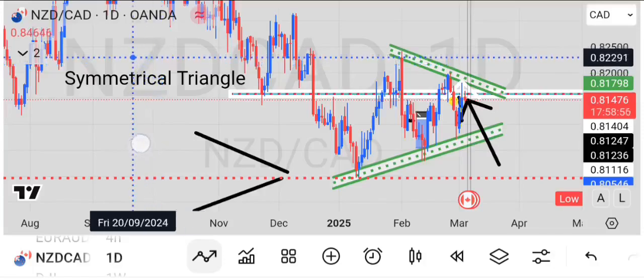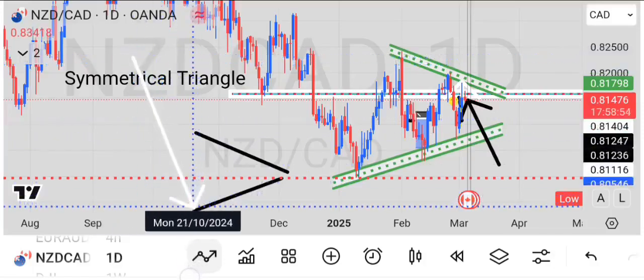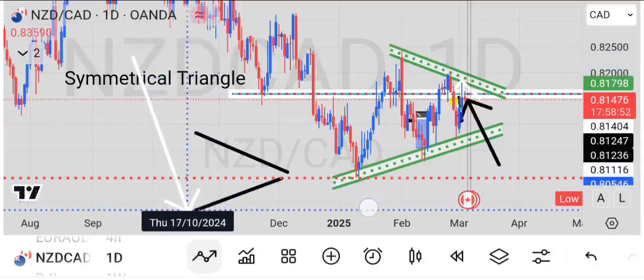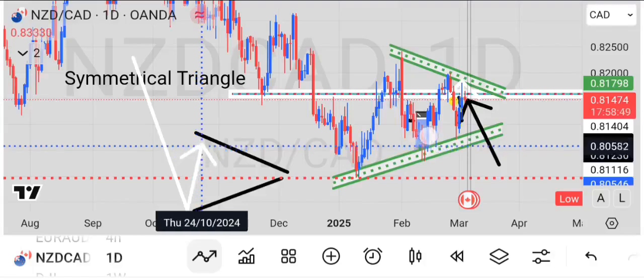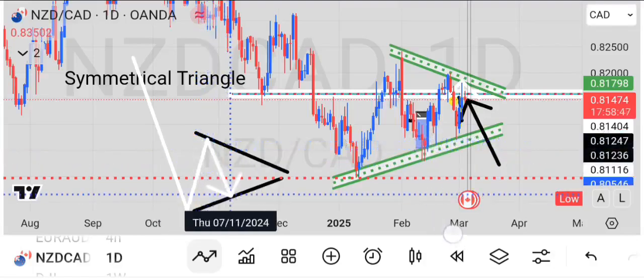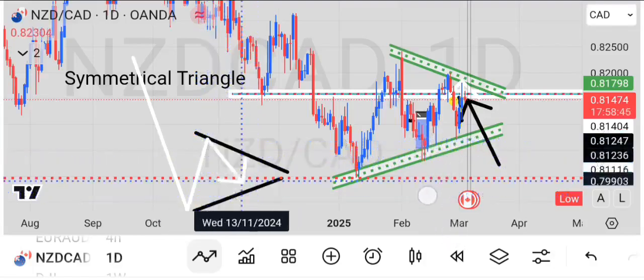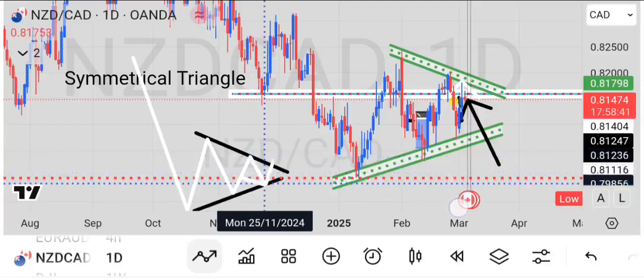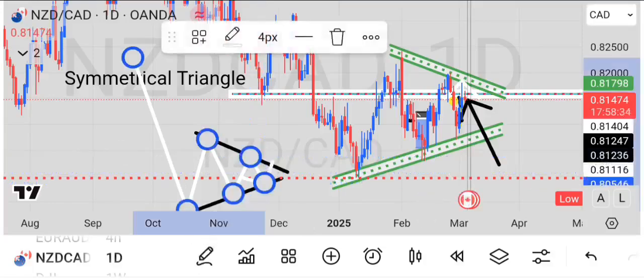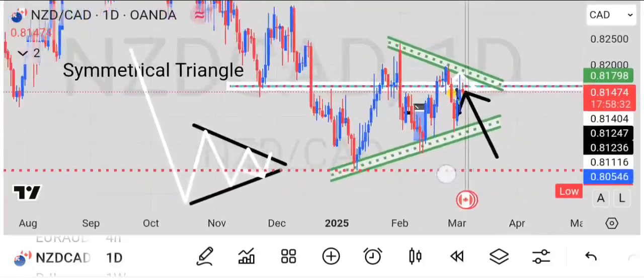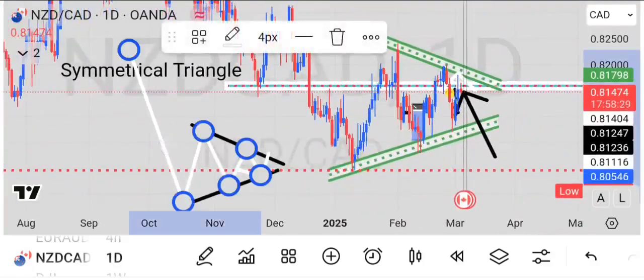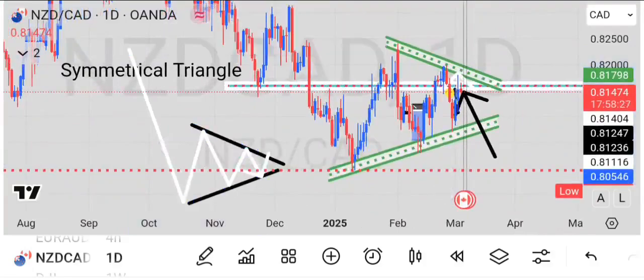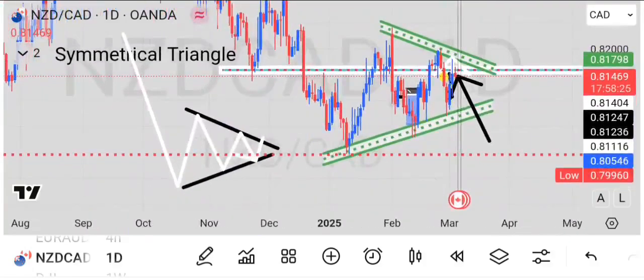This is the candlesticks moving inside between the trend lines. It comes with lower highs and higher lows. As you can see, the pattern is visible well enough.